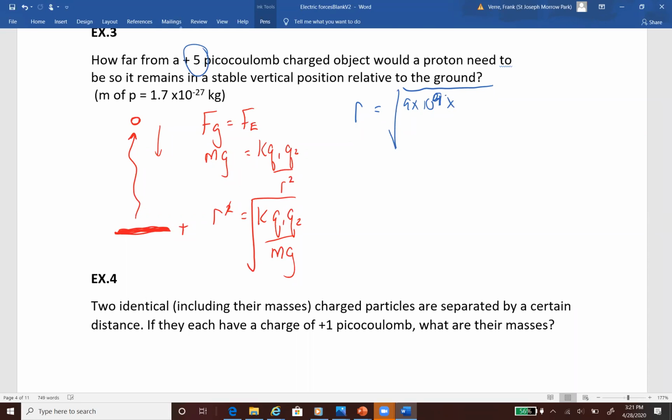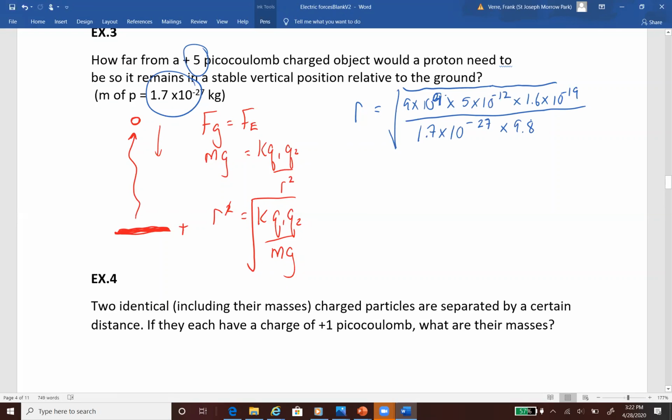So q1 is 5 picocoulombs, times the charge of the proton, which we recall is 1.6 times 10 to the negative 19, over the mass of the proton, which is about 1.7 times 10 to the minus 27, times g.